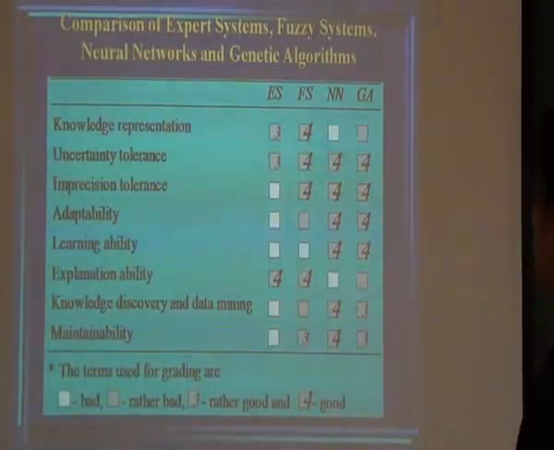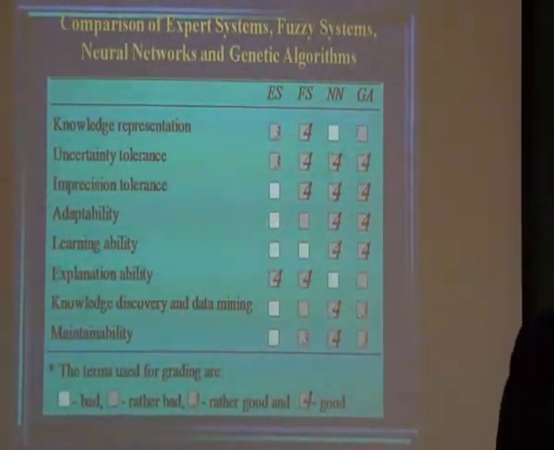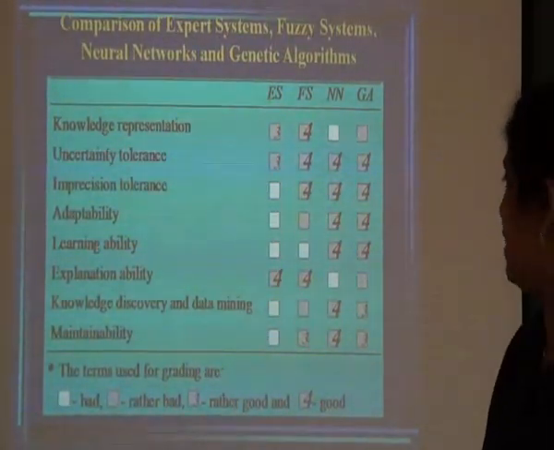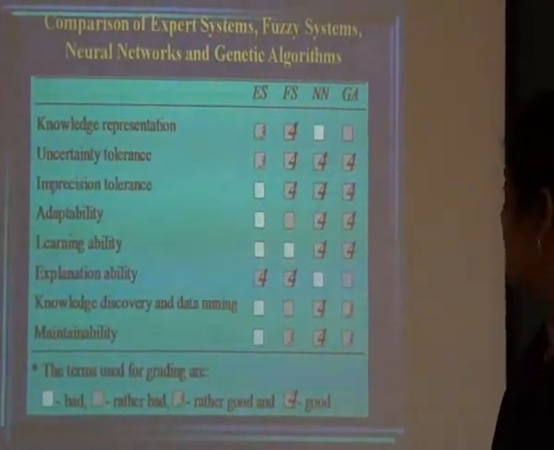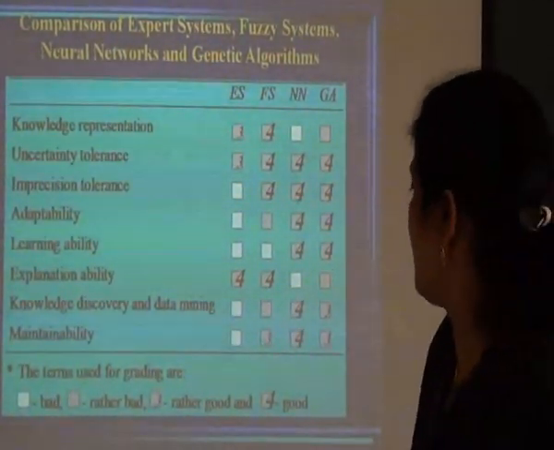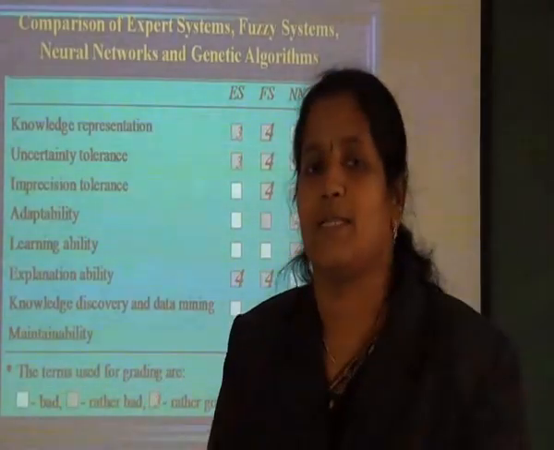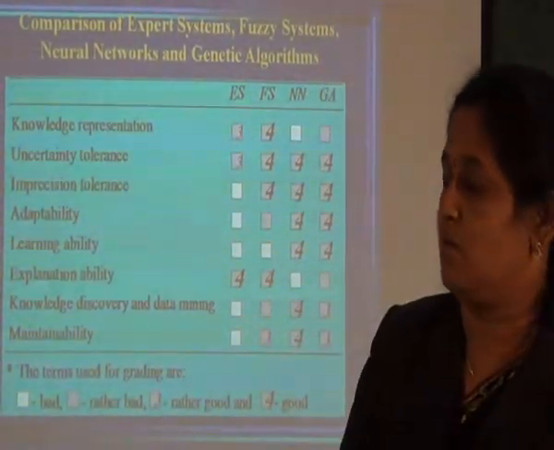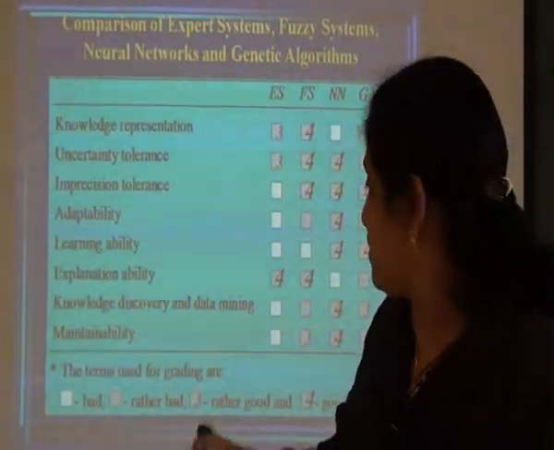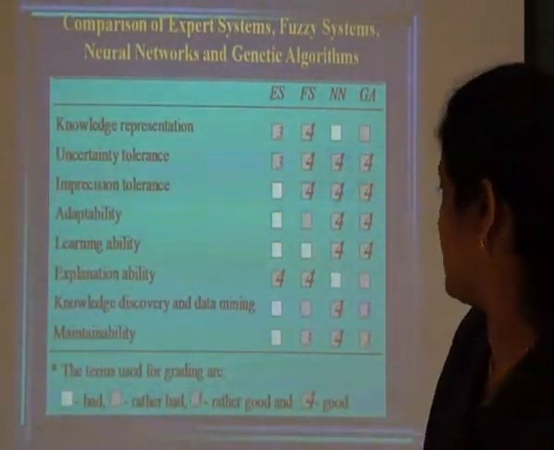Genetic algorithm is good in uncertainty, imprecision, adaptability and learning ability. Fuzzy system holds good in knowledge representation, uncertainty, imprecision and explanation ability. Expert system is good in explanation. If you want to represent the data through an expert system, it's easily possible because it has a provision for explanation.